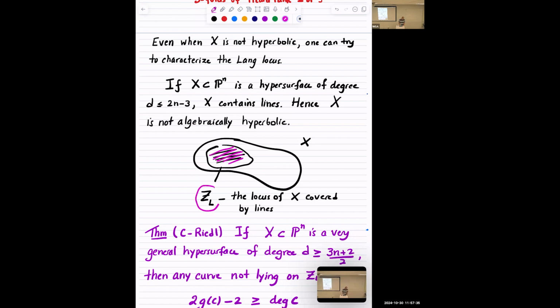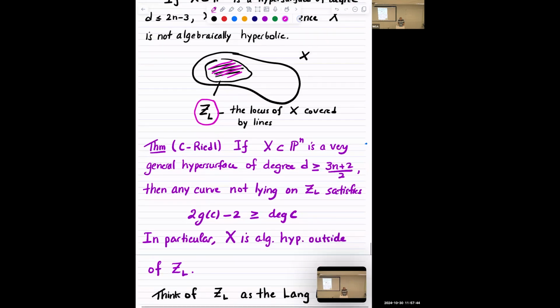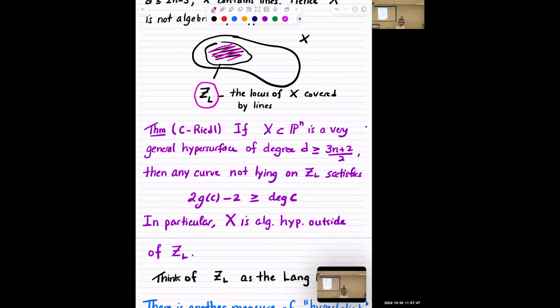Let's call that ZL, the closure of the union of all the lines on X. Here is the statement: if X is a very general hypersurface of degree at least (3n plus 2) over 2, then any curve C not lying on ZL, on this locus covered by lines, satisfies the following inequality: twice the geometric genus minus 2 is at least the degree of C. In particular, you can say that X is algebraically hyperbolic outside of ZL, so you can take ZL to be the Lang locus of this hypersurface.